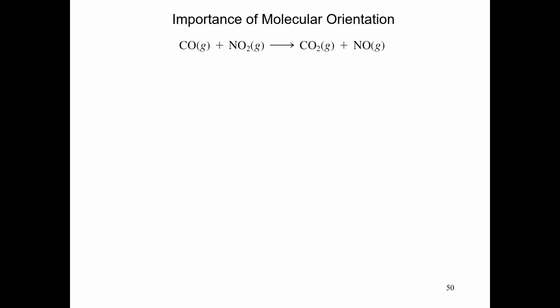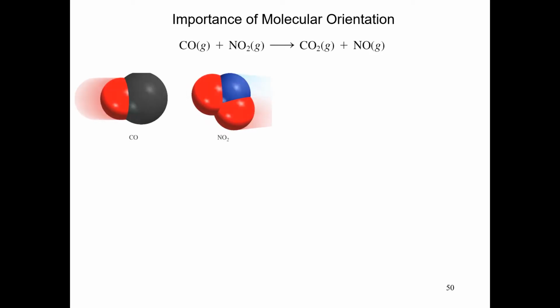Now, if we look at the three-dimensional models of these molecules, we can see a little better what's happening. For example, here is the carbon monoxide and the NO2. Remember, the goal is for the NO2 to transfer one of the oxygens, that would be one of the red spheres, to the carbon in the carbon monoxide to convert it into carbon dioxide, CO2.